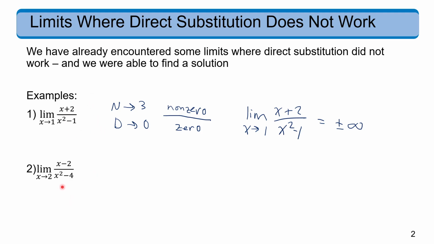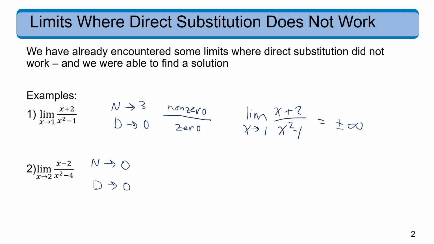Now let's look at the second example. Another rational function, and if we substitute in 2 for x, we're going to get 0 in the denominator, so we can't use direct substitution. Let's try the same thing we did with the first one. Look at the numerator and denominator separately. The numerator gets closer and closer to 2 minus 2, which is 0, and the denominator gets closer and closer to 2 squared minus 4, which is also getting closer to 0.